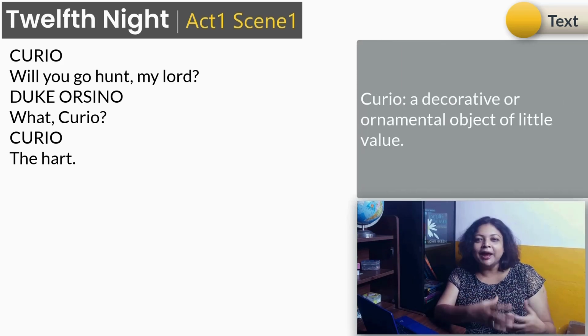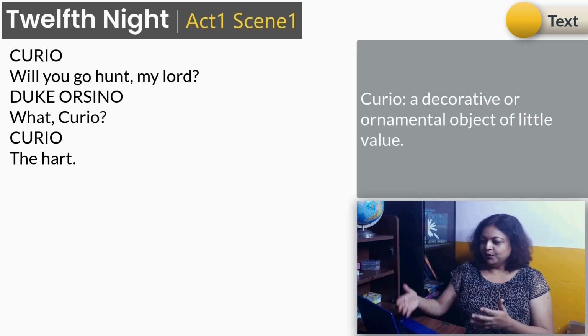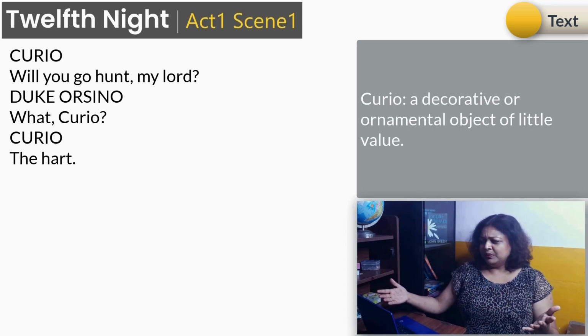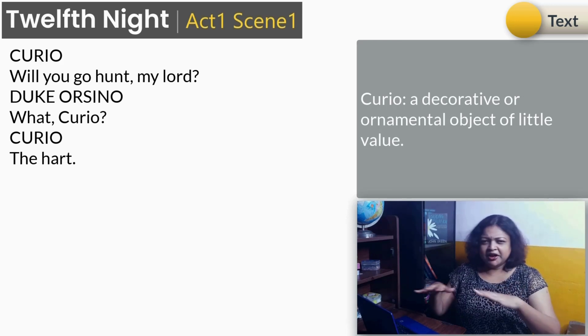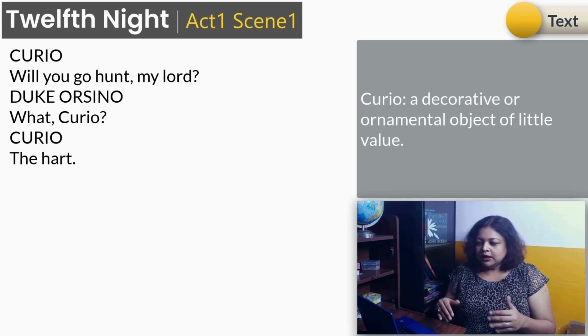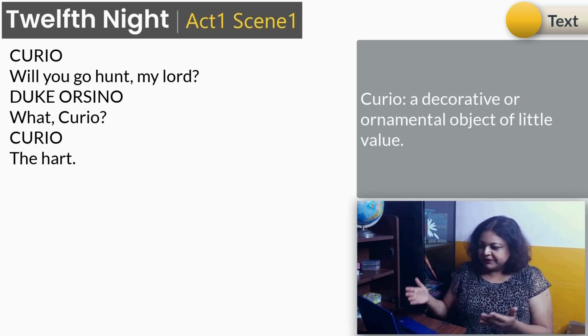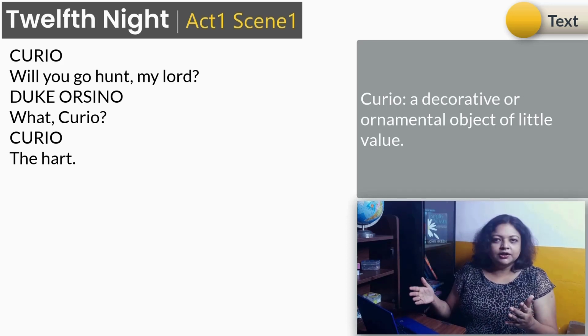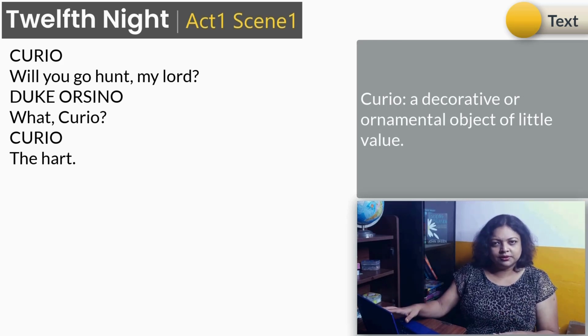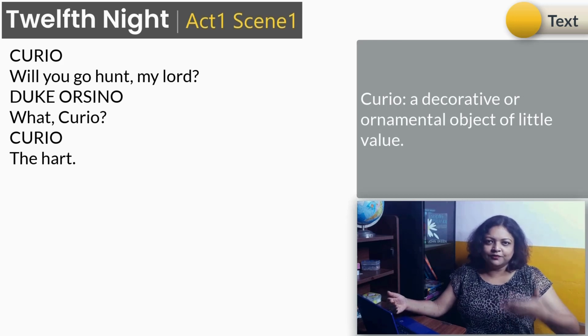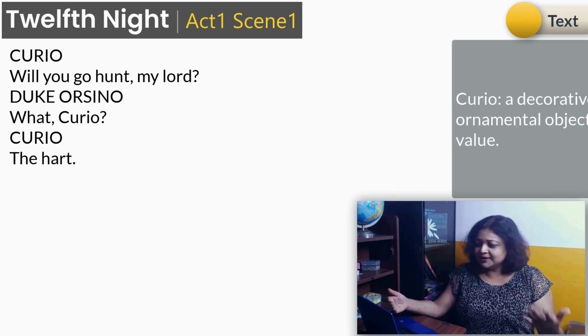It's like he plays a game with the names of characters. Curio means a decorative object, a rare, bizarre, weird thing. So are we to expect a bizarre, strange kind of fellow in the shape of Curio? Curio is very unimportant, but his name is very striking. It arouses a lot of curiosity even in us.